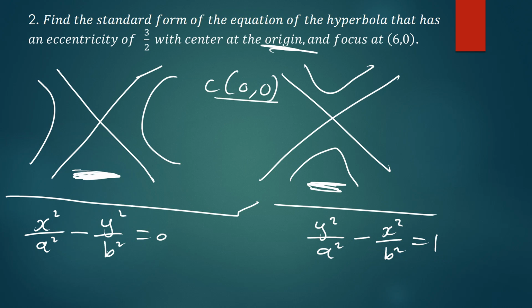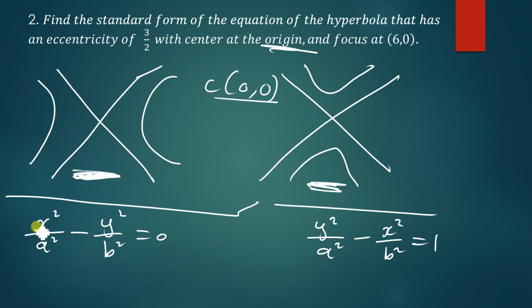The way you know whether this is in the x or the y direction is by checking the value that is positive. The term that is positive tells you the orientation of the geometry.